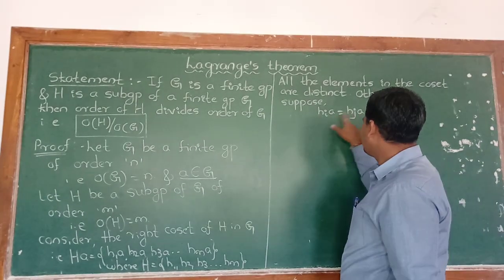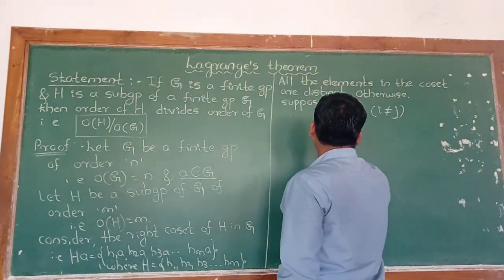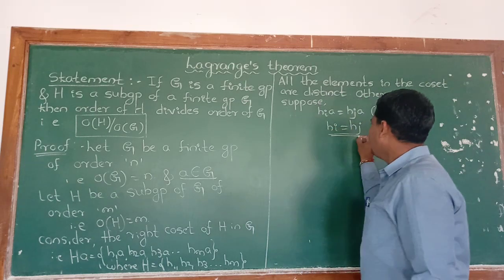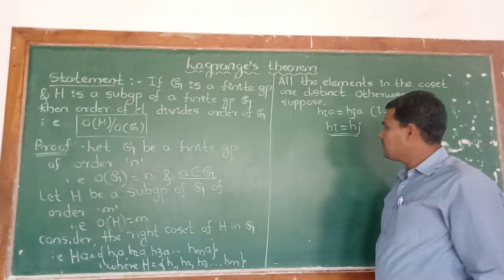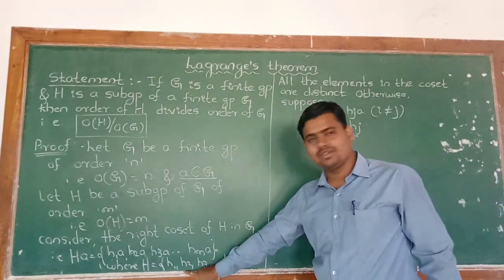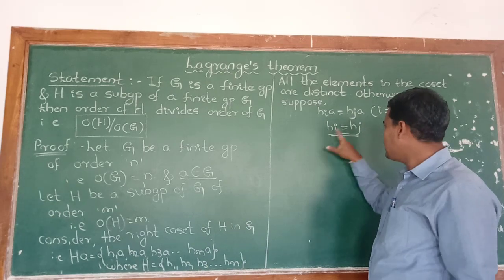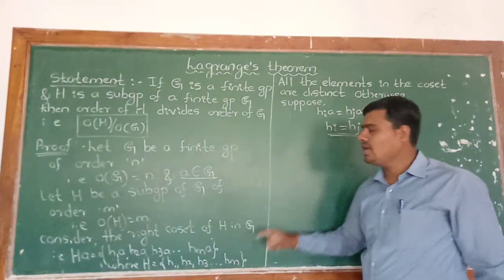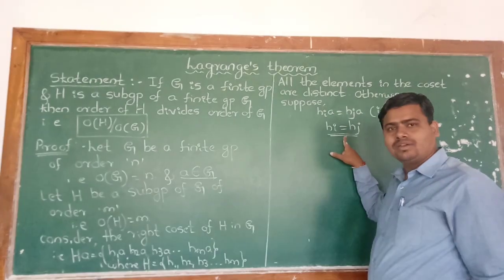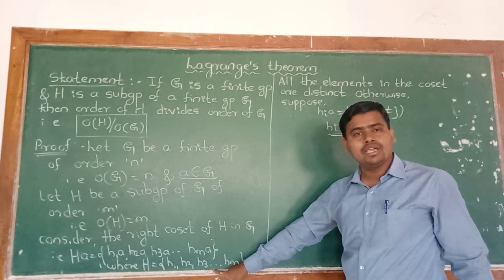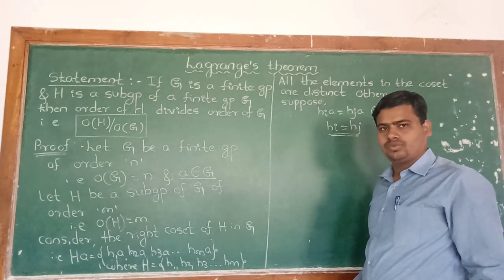By right cancellation law, we get hi is equal to hj. hi is equal to hj means two elements are identical in H. These are nothing but the elements of H. By this we concluded that two elements in H are equal, but this is not true.